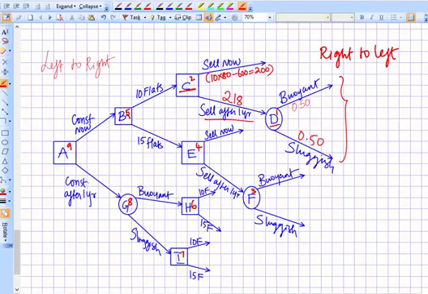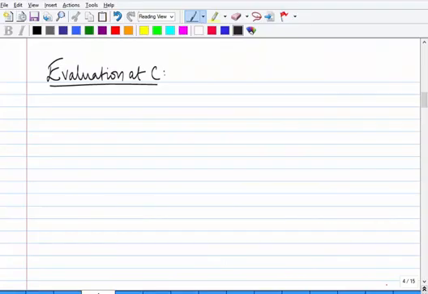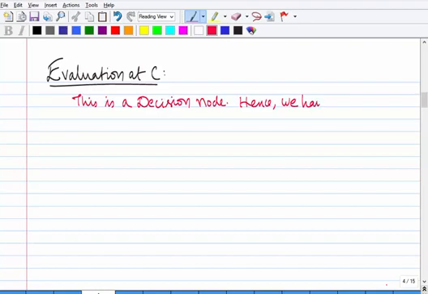It means you have to select the best. So let me indicate that. This is a decision node. Hence, we have to select the highest.